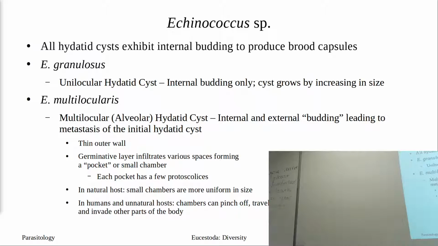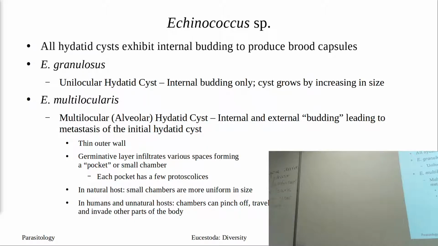Multilocularis is called a multilocular hydatid cyst, also called an alveolar hydatid cyst. We have internal budding, but instead of enlarging in a ball shape, this cyst spreads in more of a fluid, easy-moving shape, which allows it to reach into all the nooks and crevices of our internal organs.